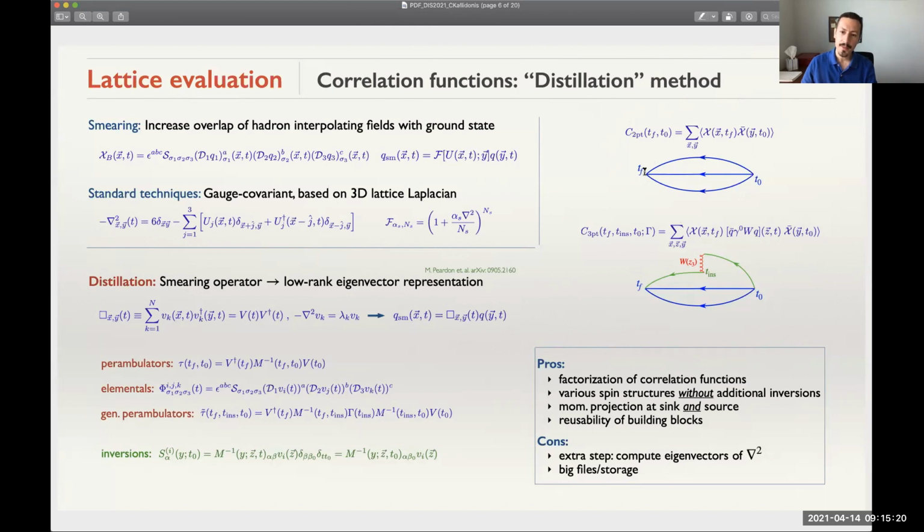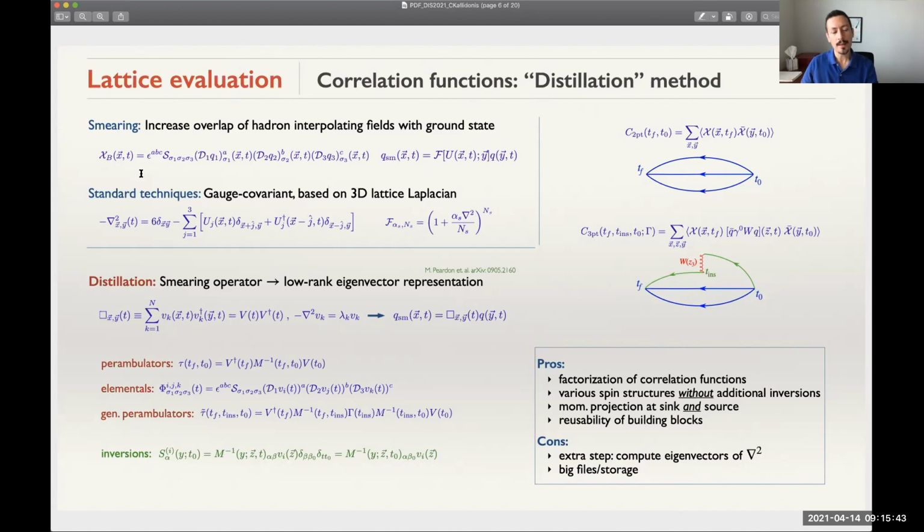This is called the source, and at some later point, which we call the sink, we annihilate this particle state. Another correlation function we consider is the so-called 3-point function, where we create the particle state, we couple the current at some intermediate point, and then we annihilate the state again.